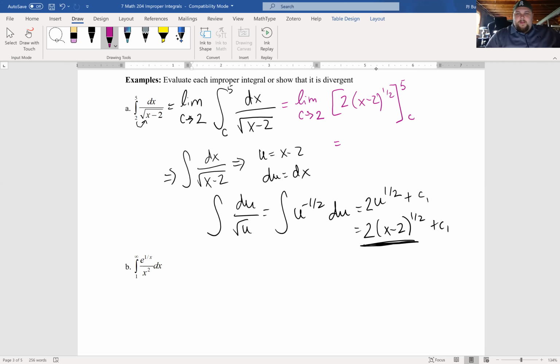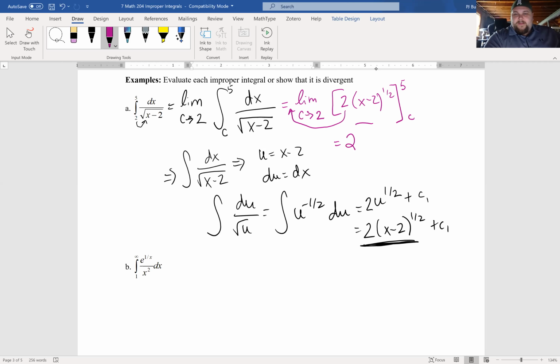So I plug in 5 first, and that limit does not apply, right? Because it doesn't have a c there. So I don't need to write it for the first part. I am also going to bring this 2 out in front of everything.